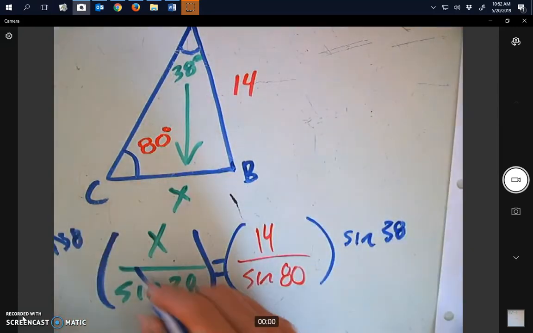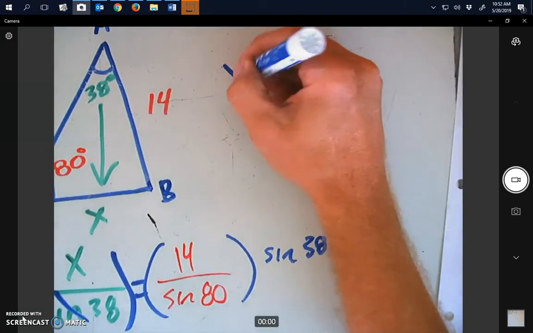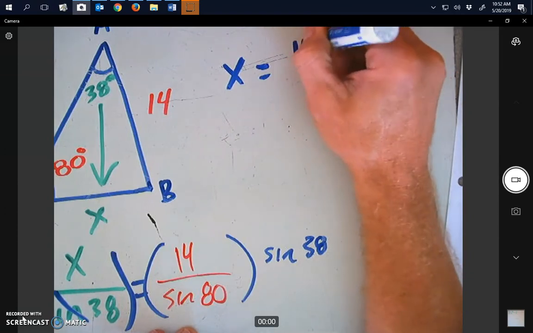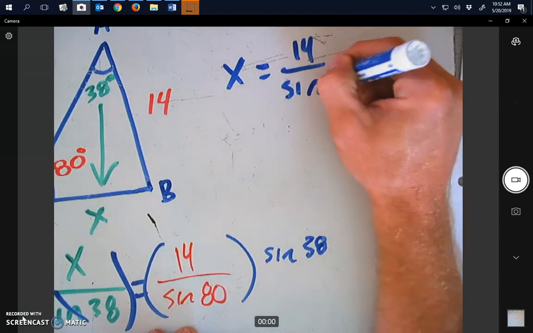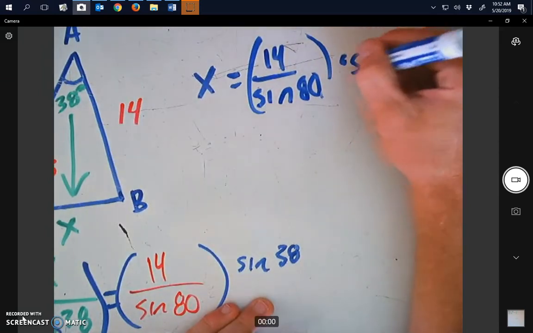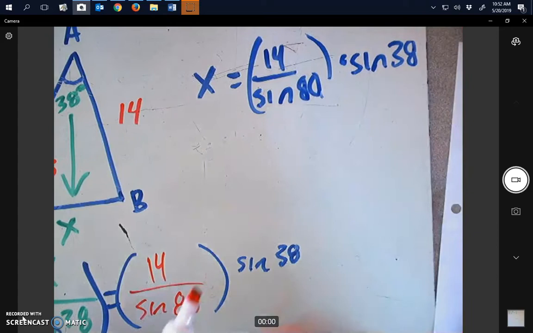And these will cancel out. What we have left over is x is equal to 14 over sine of 80, all that times sine of 38.